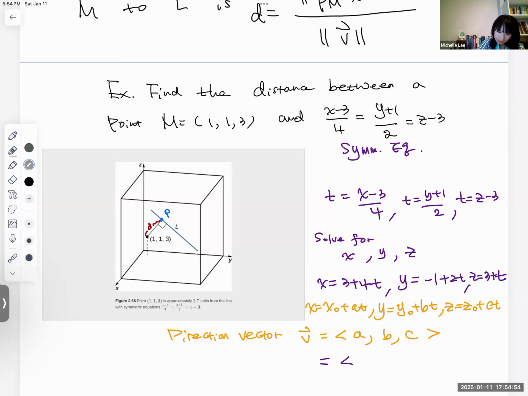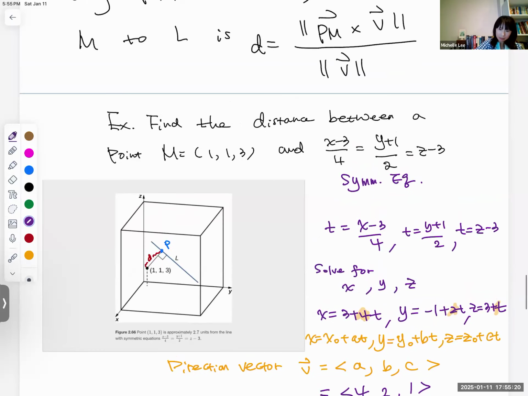So that is 4, 2, positive 1, right? That is a vector V.